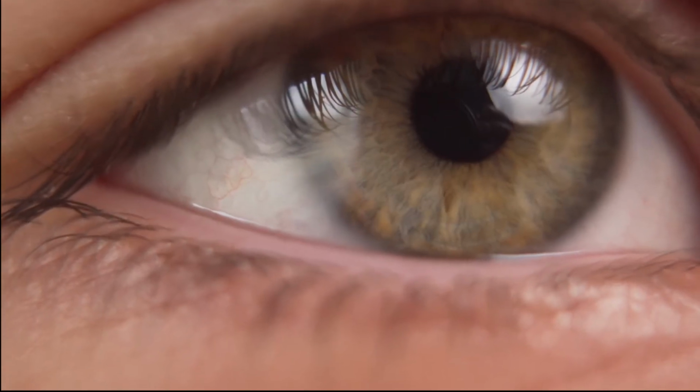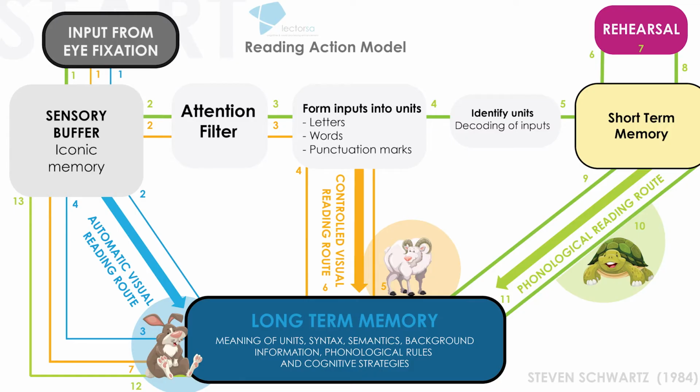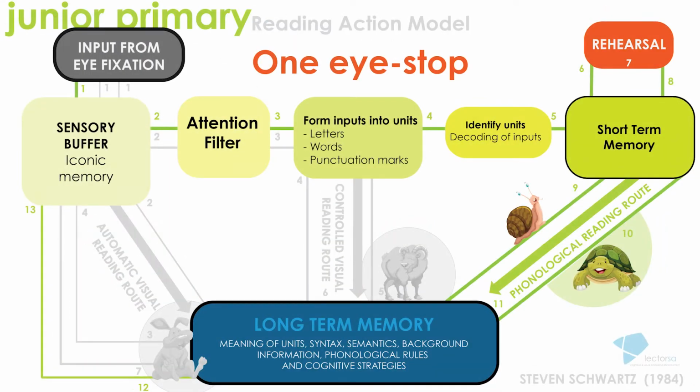All right, so let's quickly look at one fixation or one eye stop as described by Stephen Schwartz. And you will see there are 3 pathways that we are looking at this moment. The first one is the phonological pathway, and this is the pathway that we should normally follow when we learn how to read, where there is an attention filter, there's a form input in units, letters or words.